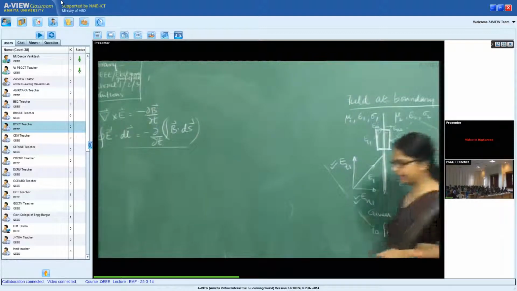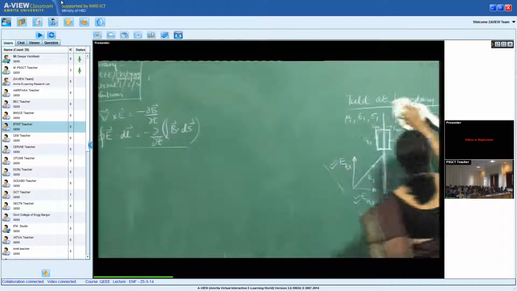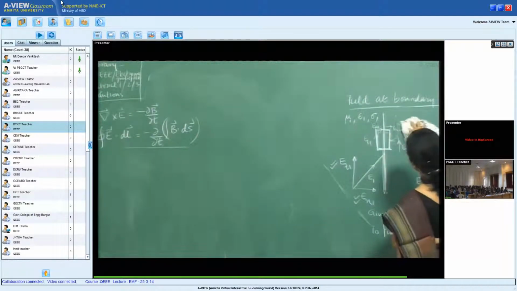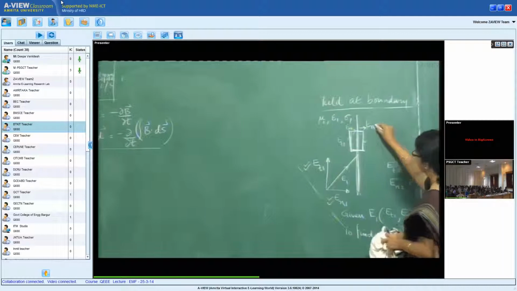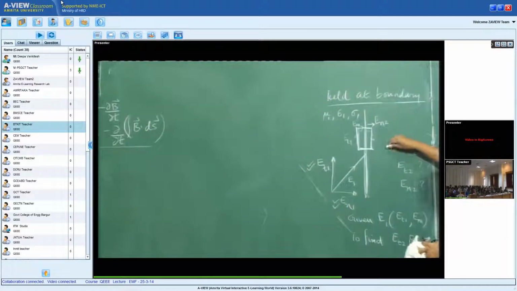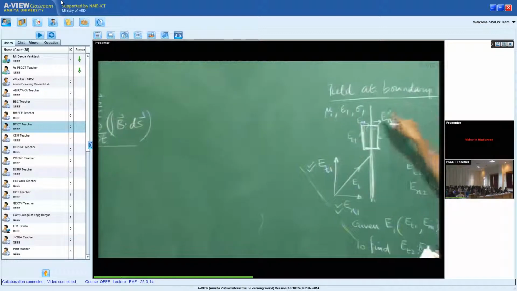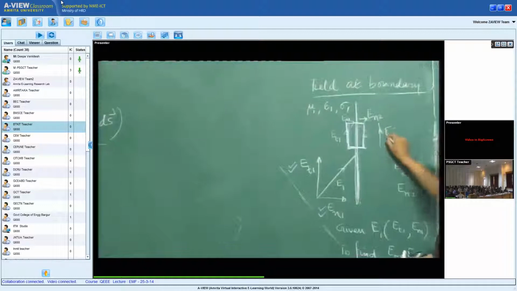So let me clean what is not required here. This is my EN2. This is my ET2.